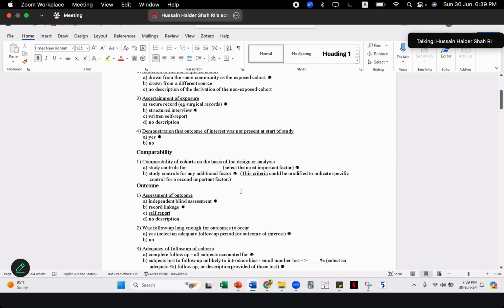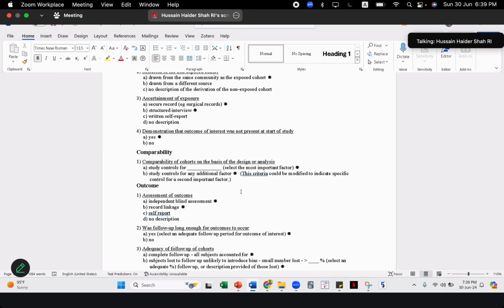Now if the study has controlled for age, for example, age is the most important factor, or sex or gender is the most important factor in this cohort study that I am performing on smokers and non-smokers and lung cancer. So how have I controlled for age? I have not only added the adult population in the exposed cohort, I have also added the adult population in the non-exposed cohort.